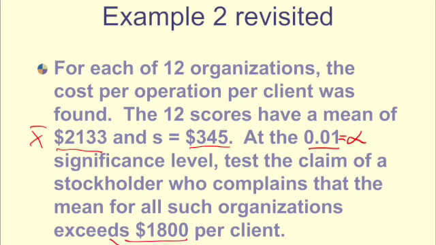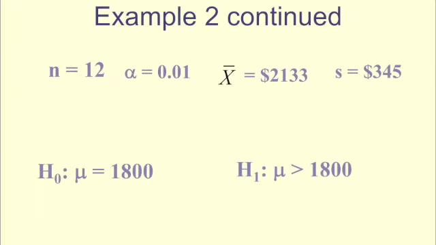With this information, we have our sample size, our level of significance, our sample mean, our sample standard deviation, our null hypothesis that there's no difference, right? Remember, it's always going to have an equal sign, and our alternate hypothesis that the value exceeds, so is greater than, $1,800. We use this information to calculate our t-score.